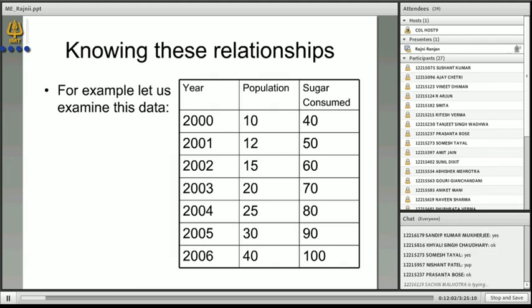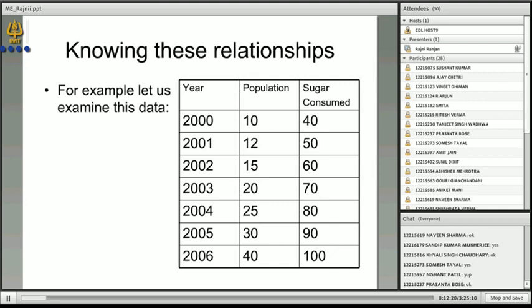When managers have to take decisions, they need to be slightly more precise about the relationship between the variables and how it is worked out. We will start our discussion with this particular slide.